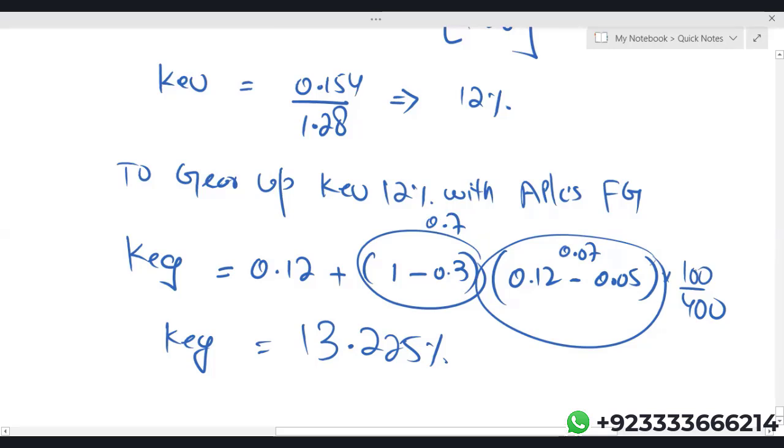First, please listen to me carefully. 100 divided by 400, whatever comes, multiply by 0.07, whatever comes, multiply by 0.7, then whatever final answer comes, add 0.12. Obviously, whatever the final answer comes, multiply that answer with 100. You will definitely get 13.225. Let me repeat again what I did: 100 upon 400, then 0.07, then 0.7, whatever came, plus 0.12. Is this clear, the steps?